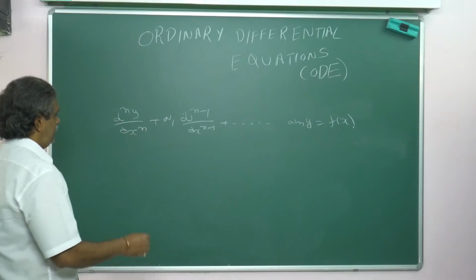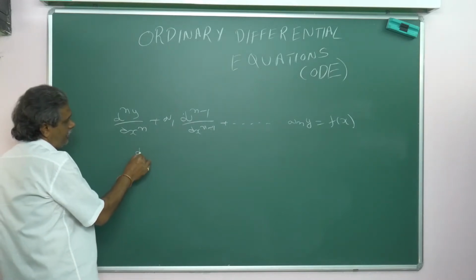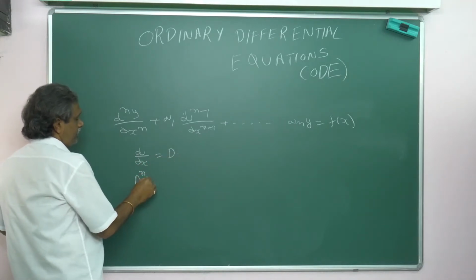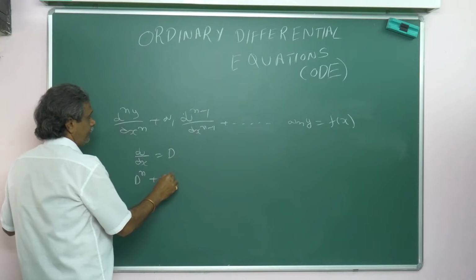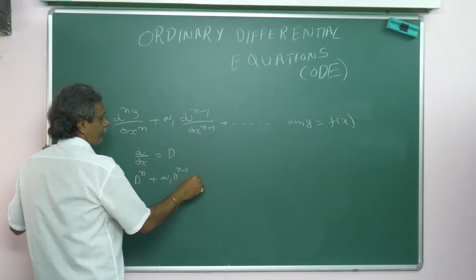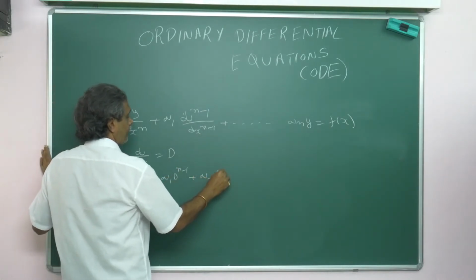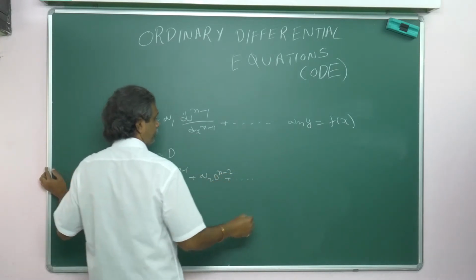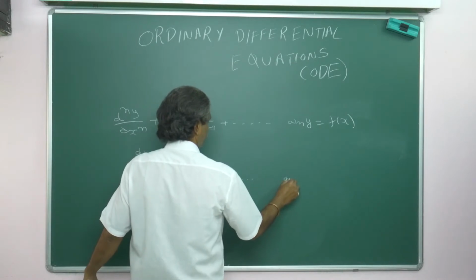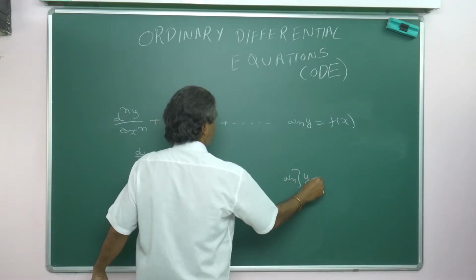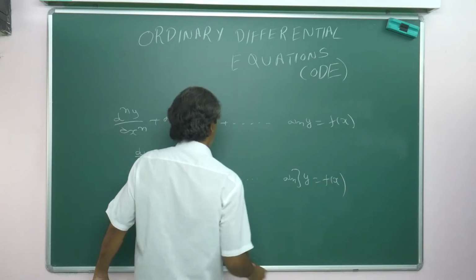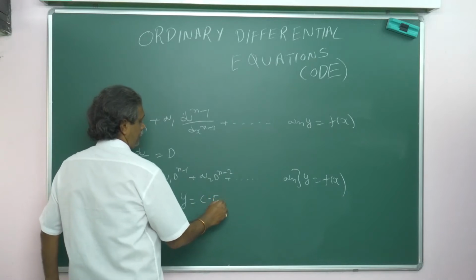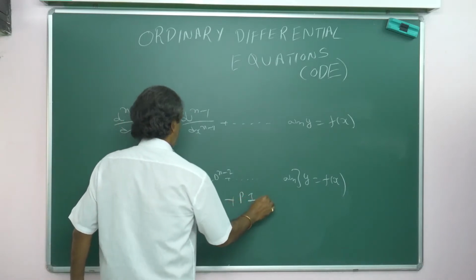Suppose you write it in operator form: put dy/dx equal to D, so this whole thing will change, D to the power n plus and so on. This differential equation will have a solution with two parts, CF plus PI.